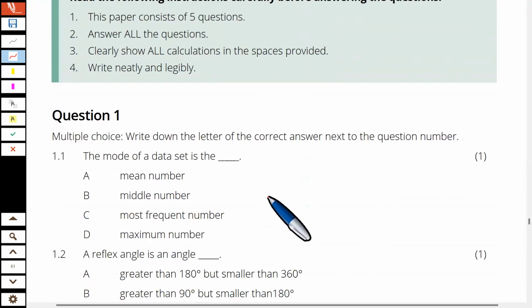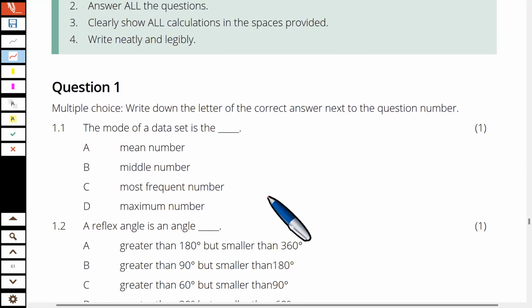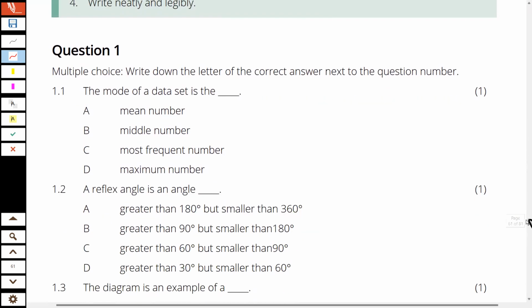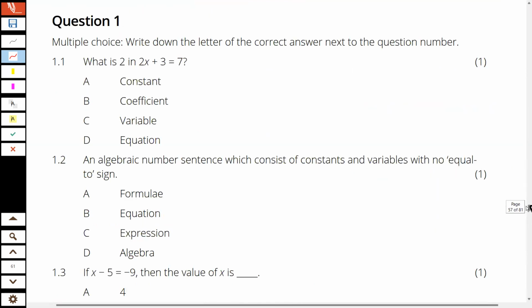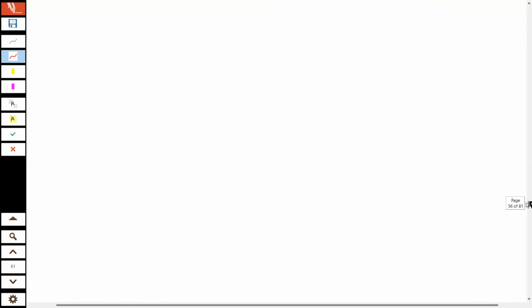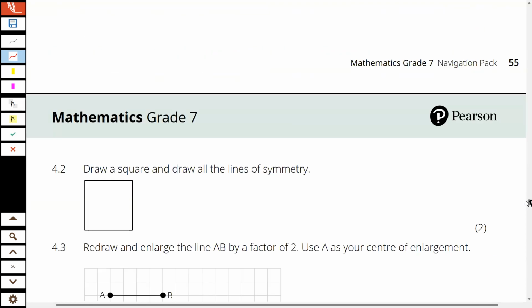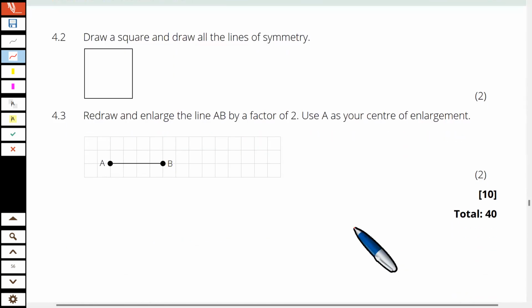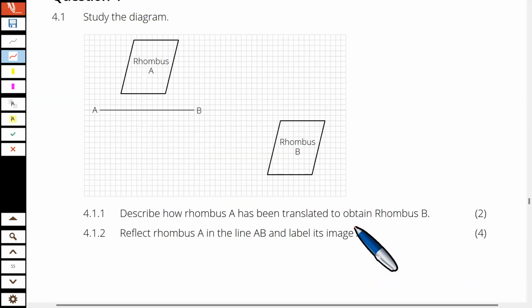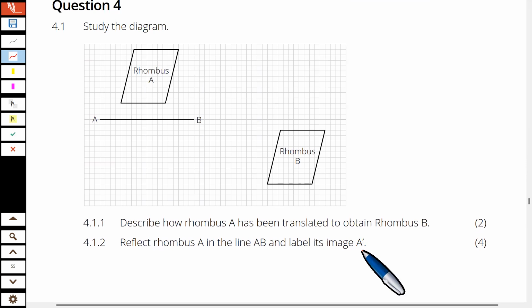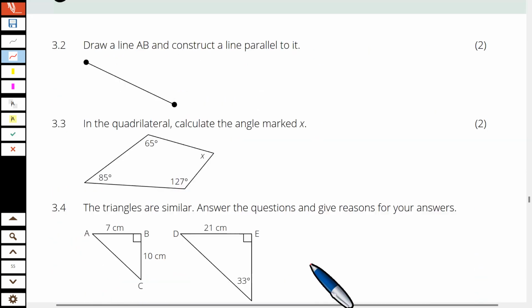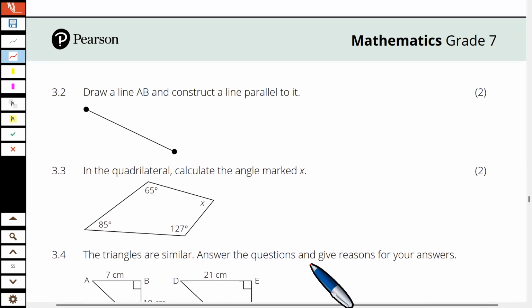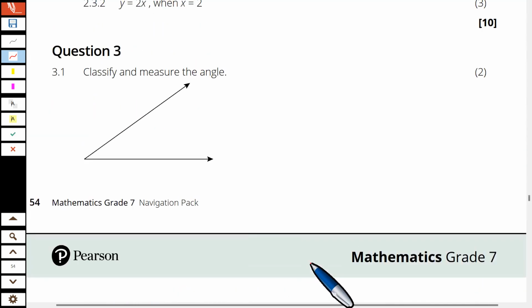Okay, so we continue with this. I want us to continue and do more of this.